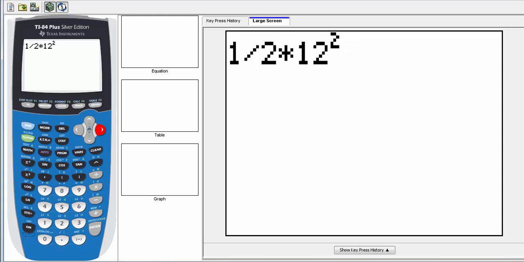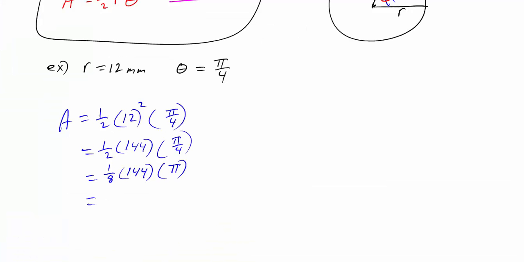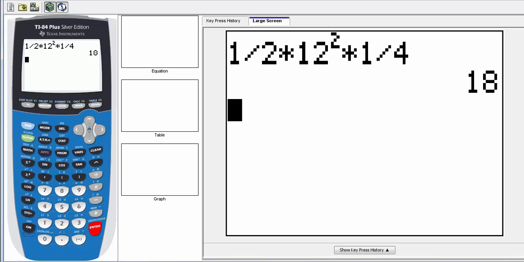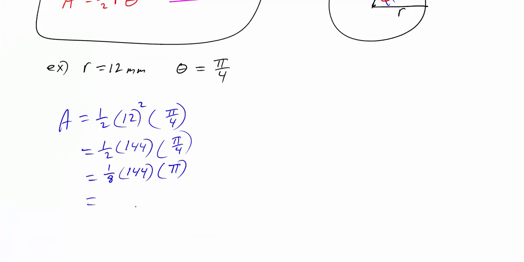Now instead of the pi over 4, I'm going to ignore the pi and just multiply by 1 divided by 4, and we get an answer of 18. So now I know the answer is going to be 18 multiplied by pi.